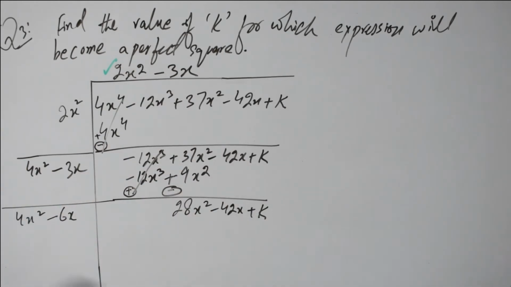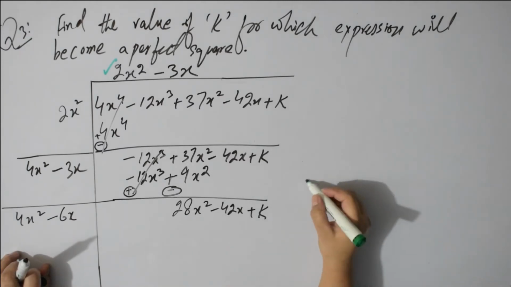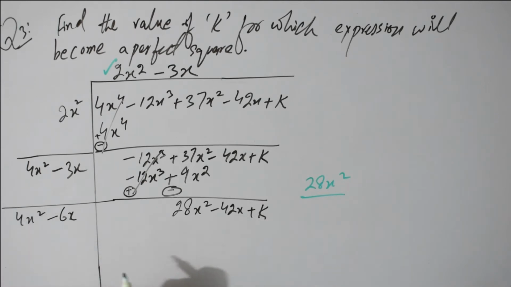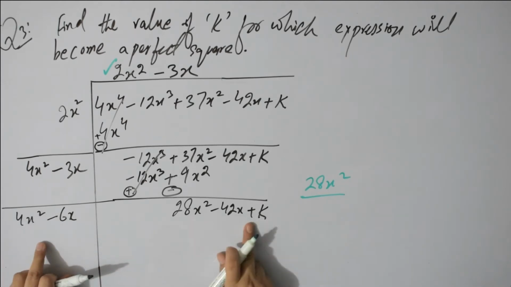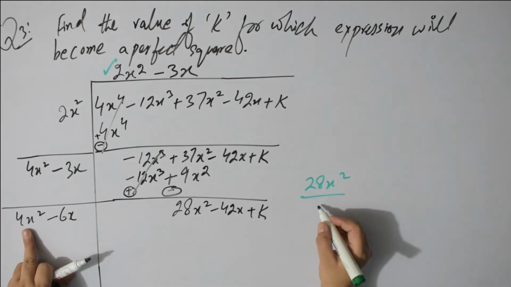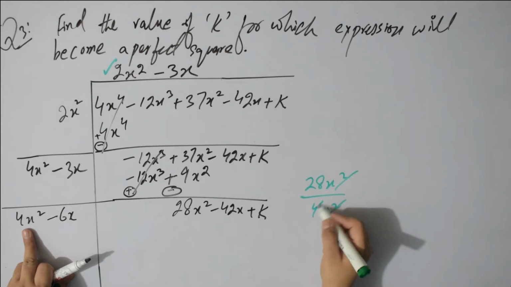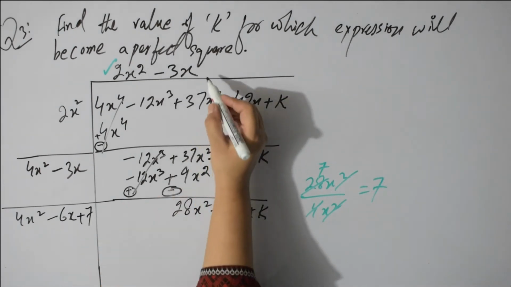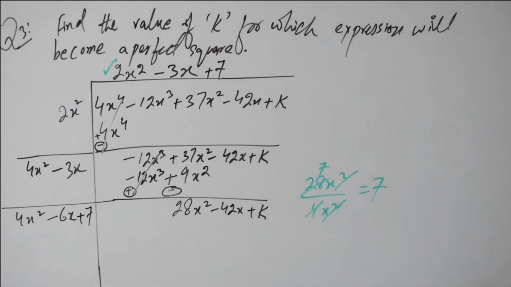Again a very simple rule, and the rule is to divide the first term. The first term of the remainder will be divided by the first term of the divisor to get the quotient. 4x square, x square cancels with 4 7s are 28. So your quotient is 7. Write 7 over here, 7 over here.